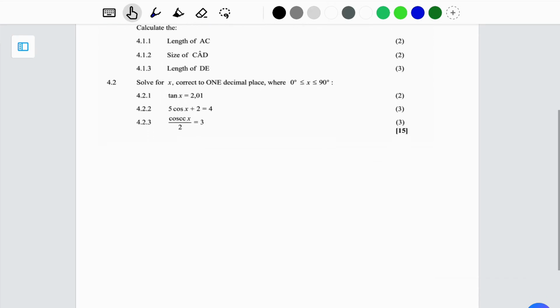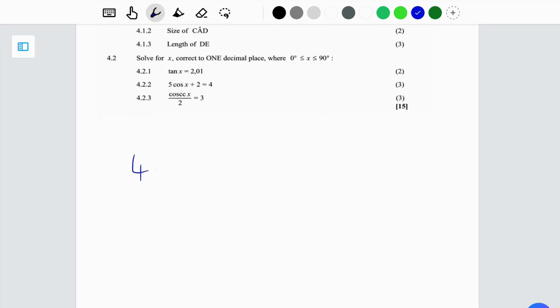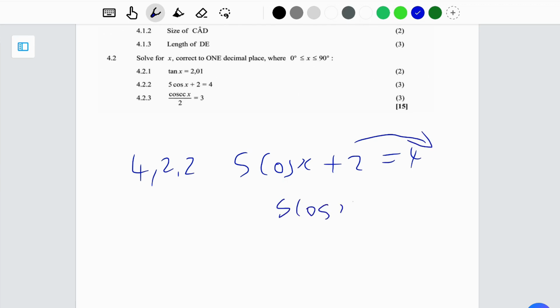You guys, let's look at the next one. 4.2.2 says 5 cos x plus 2 equals 4, okay? So we can take that 2 over, right? So we can say now that 5 cos x equals 2, because 4 minus 2 will give you 2. Let's get cos on its own. So we're going to have therefore cos of x equals 2 over 5, right?